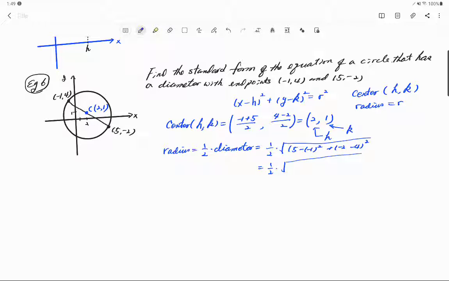That equals 5 plus 1 is 6, 6 squared plus negative 6 squared, so 36 plus 36, which is 36 times 2. The square root of 36 times the square root of 2 is 6 times the square root of 2. So finally, the diameter is 6 square root of 2, and the radius is 3 square root of 2, right?